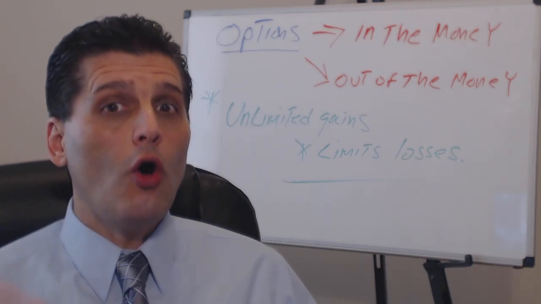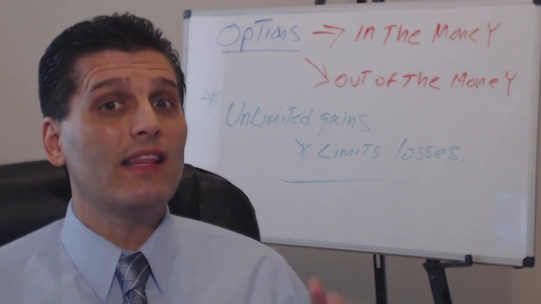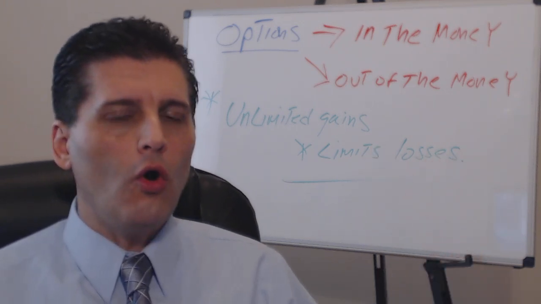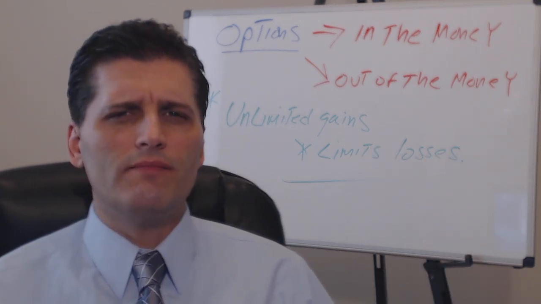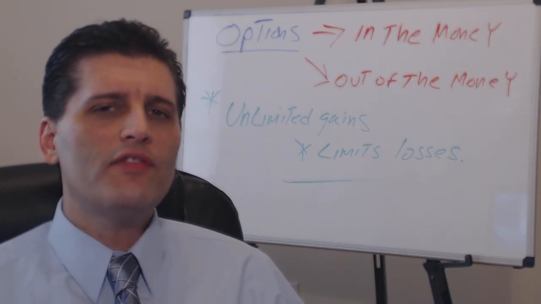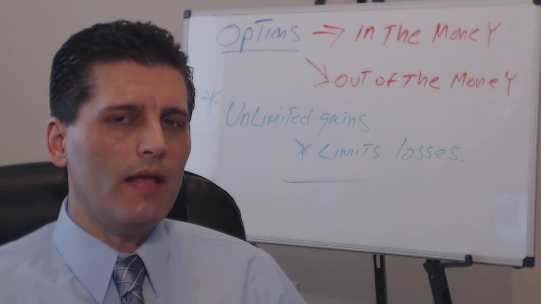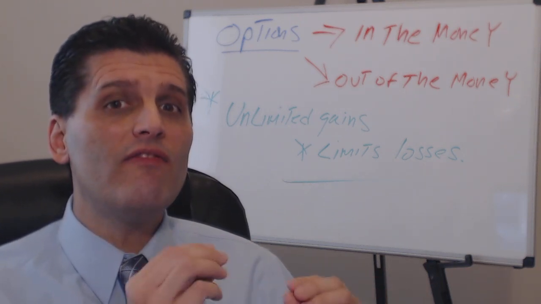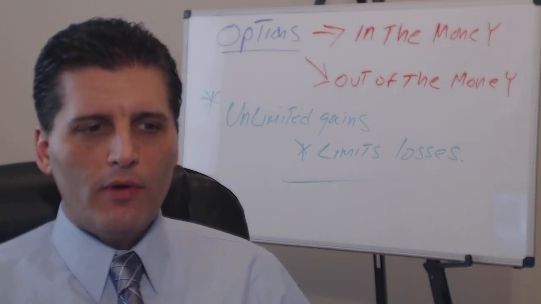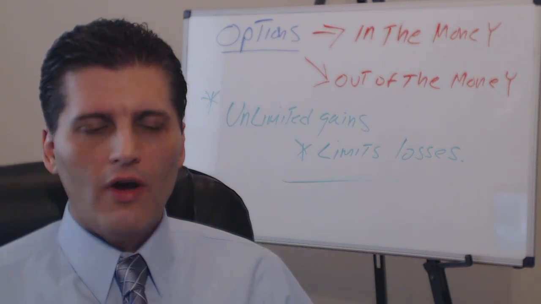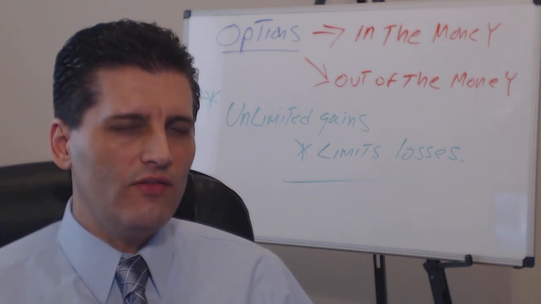An in the money call or a put has less risk than an out of the money call or a put. Let me go over the intricacies a little bit further here. If something is in the money, that means the option already has value. For example, let's say you're looking at July 50 calls on stock XYZ.